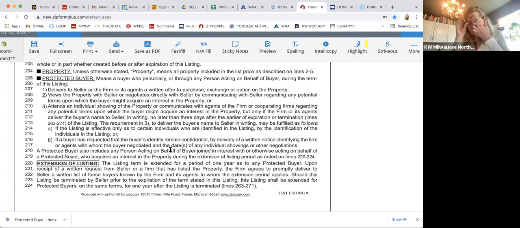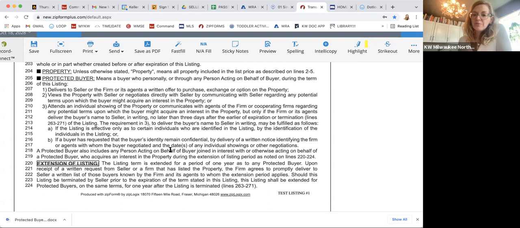So let's say your listing expires and we need to put together this protected buyer list for the seller, to make sure that if one of these people circle back around, we as the firm will be able to collect that commission. So we need to make sure that we are including anyone who has seen the property either with us or with another broker.